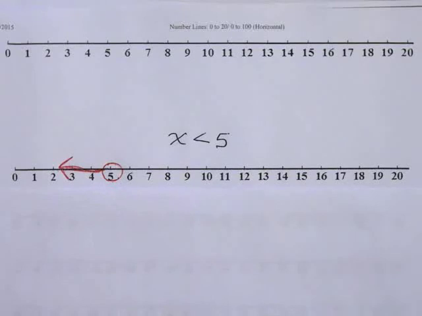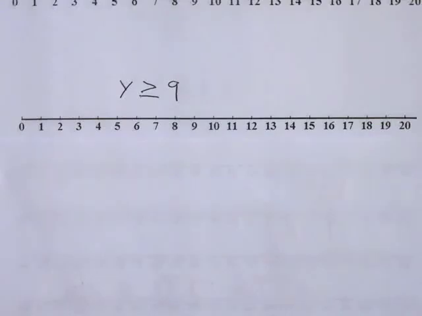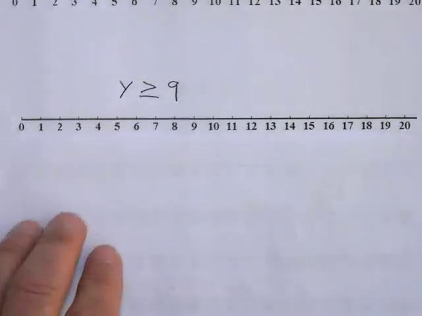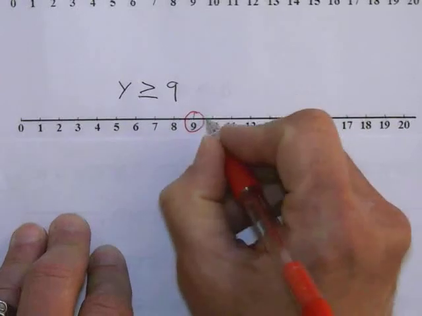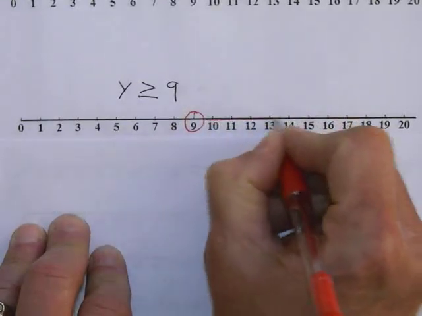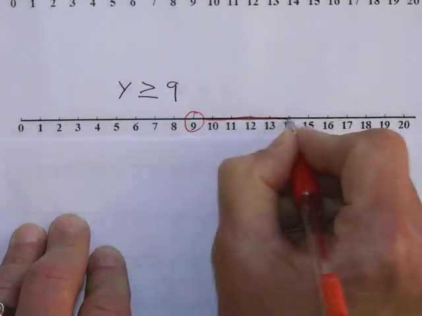In this example, we've got y is greater than or equal to 9. And that means 9 is part of the solution set. So we're going to circle the 9 and draw a number line to the right because we're going in the greater than direction here.